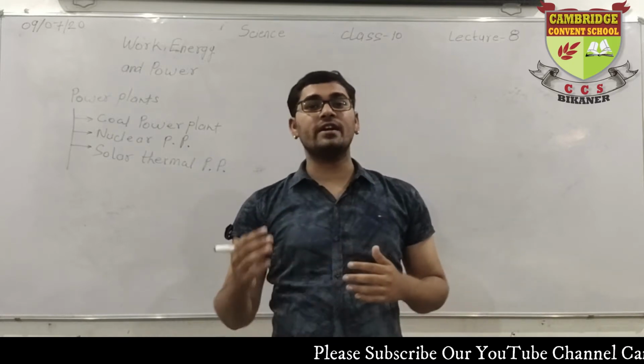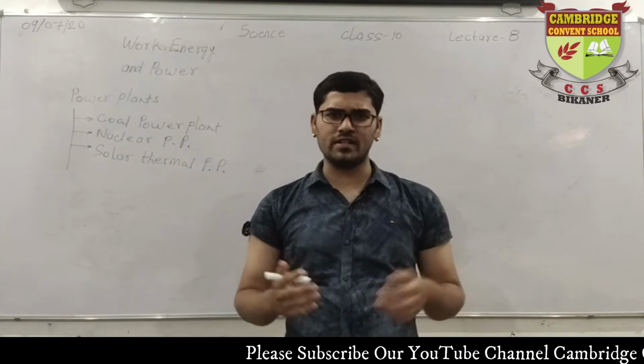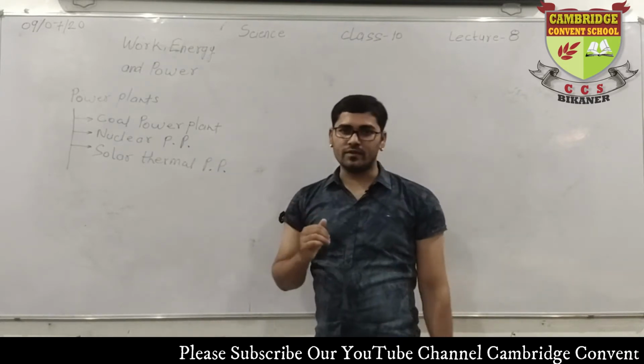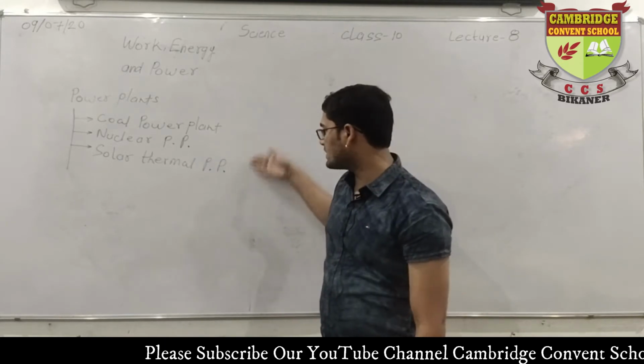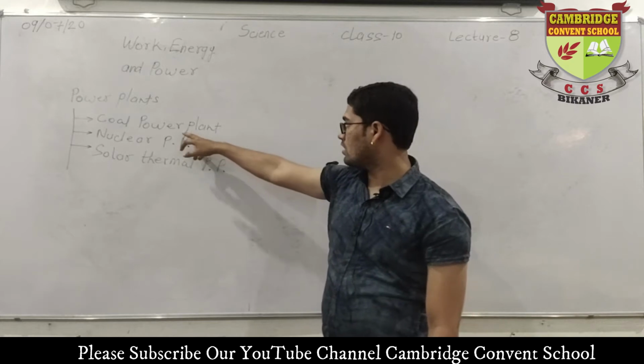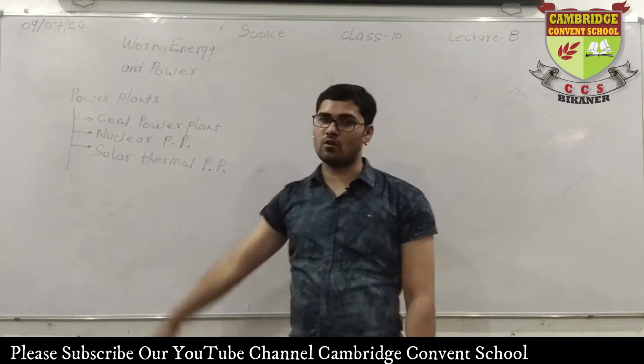Nowadays, different types of power plants are in working. There are many kinds of power plants in our syllabus, but in today's lecture, we shall study these three types: coal power plant, nuclear power plant, and solar thermal power plant.